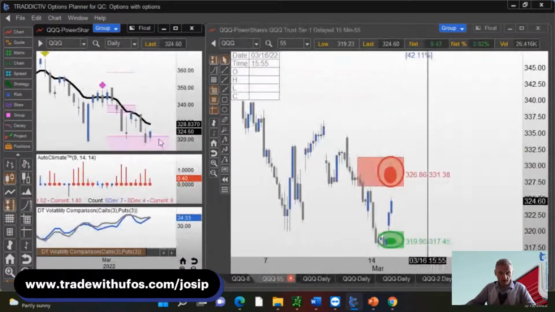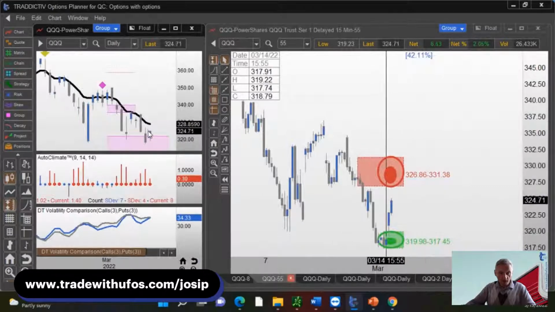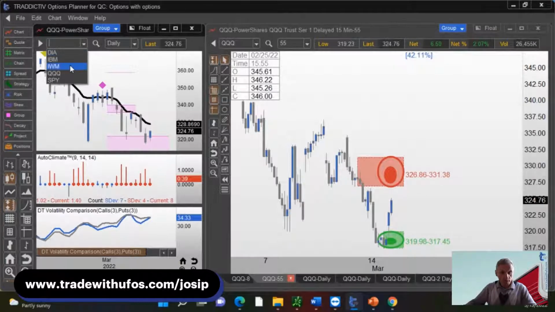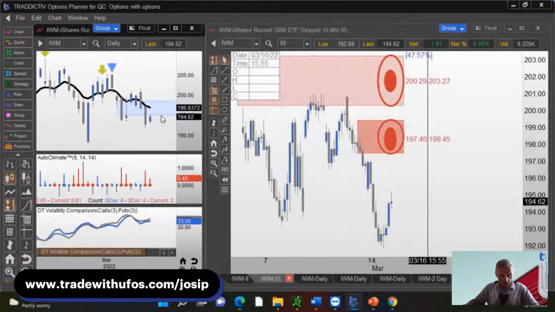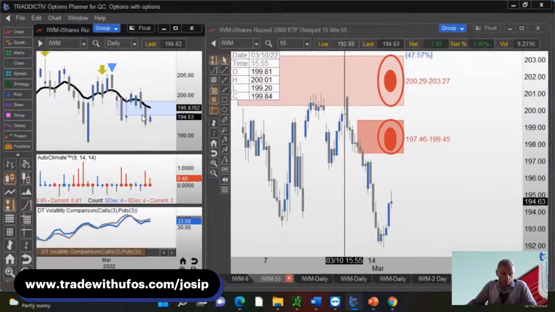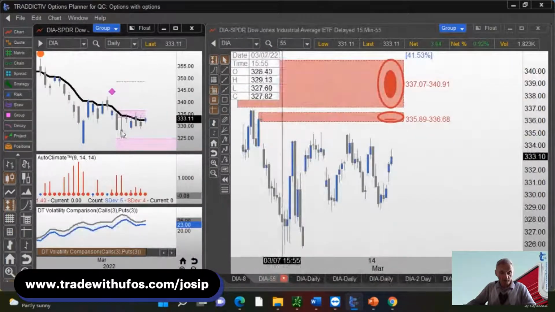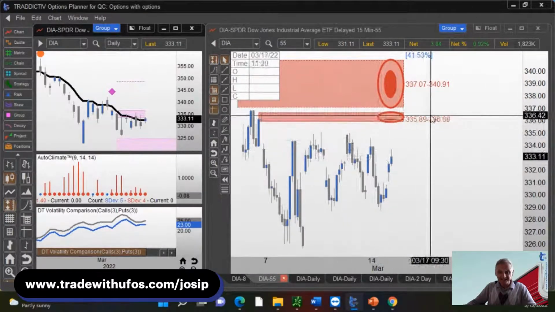Where is the Q? It's unnecessary to say, because it has a lot of space to travel before it can even get to that 9-day exponential moving average. And the last one, but not the least important, is IWM, which, similar to the QQQ, has a lot of space. So if somebody is really forcing me to pick the trade, I would definitely pick the trade on the diamonds going bullish, targeting this area.